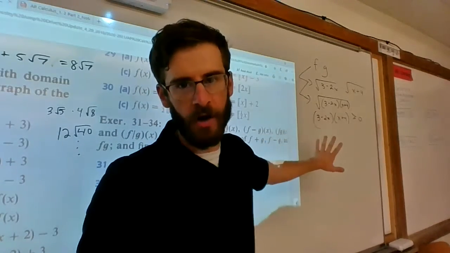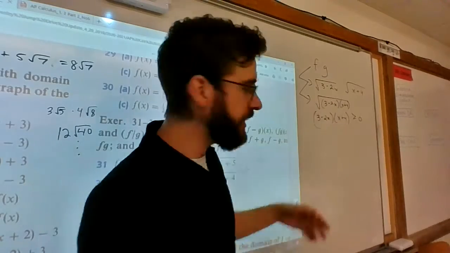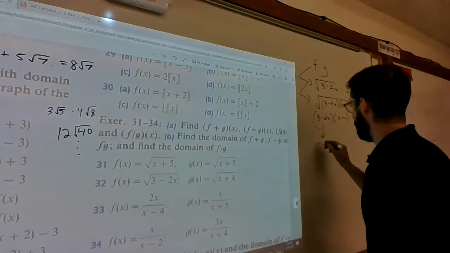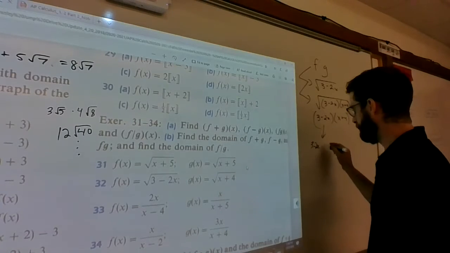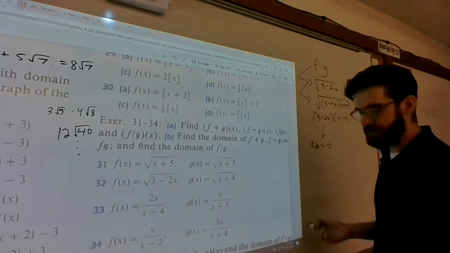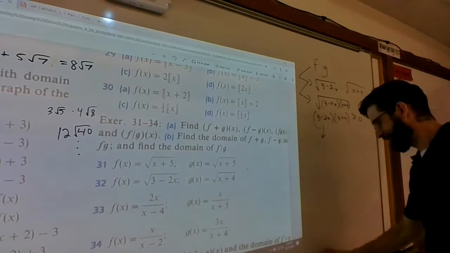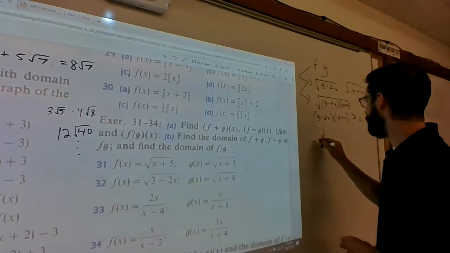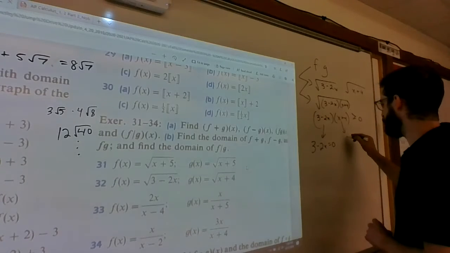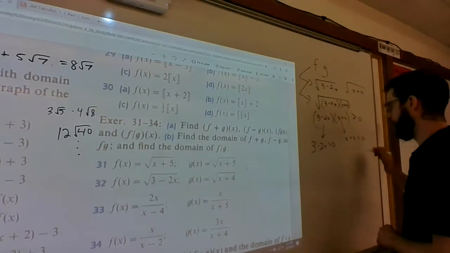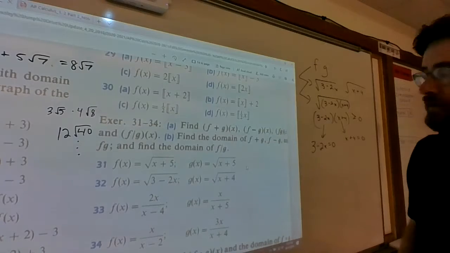We don't want to make it more complicated. So from here, you ask yourself, where does this equal 0? Where does 3 minus 2x equal 0? And where does x plus 4 equal 0? And we already figured that out over here.